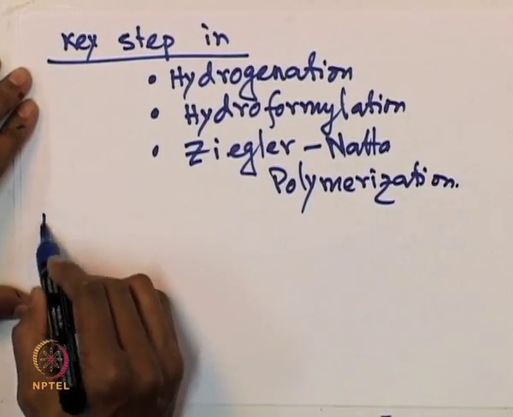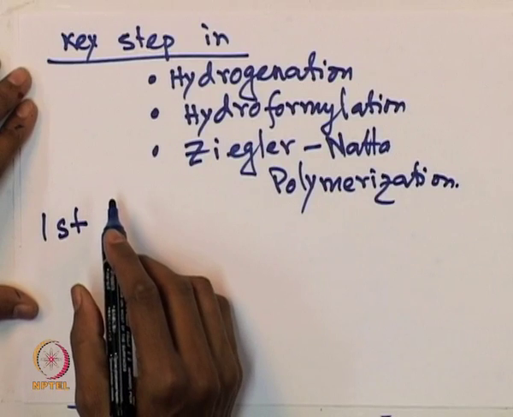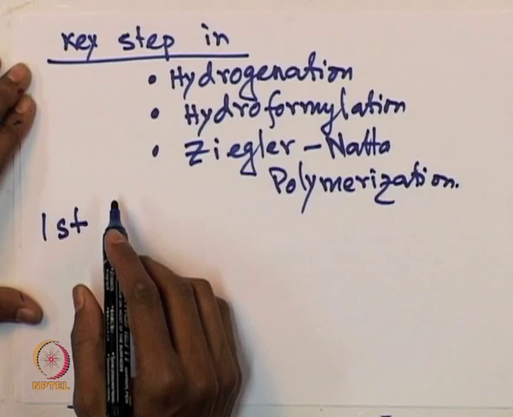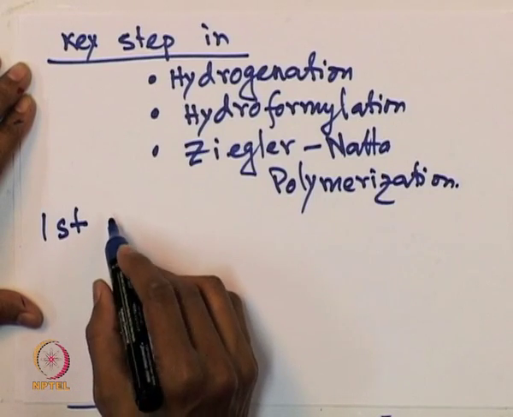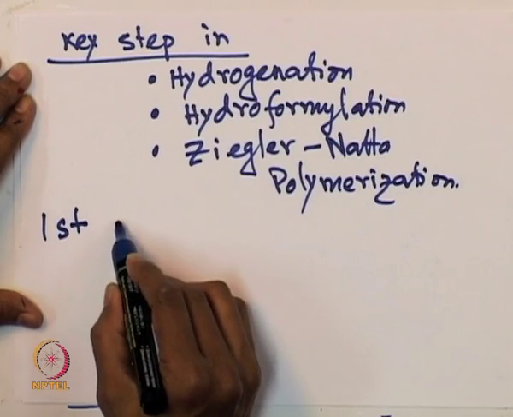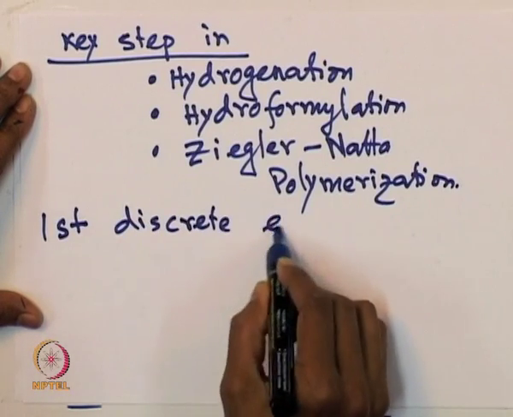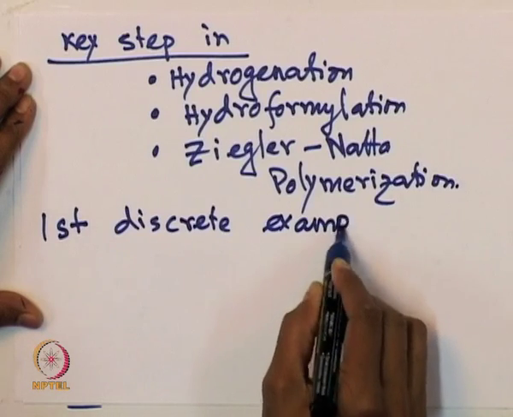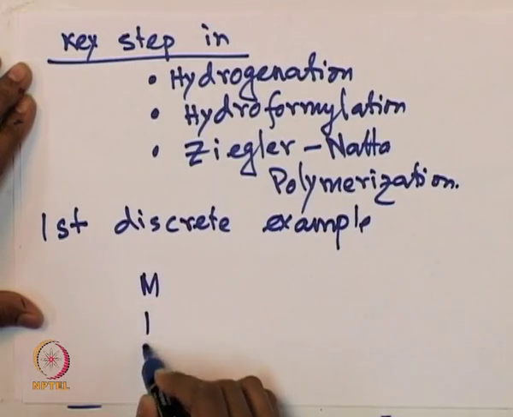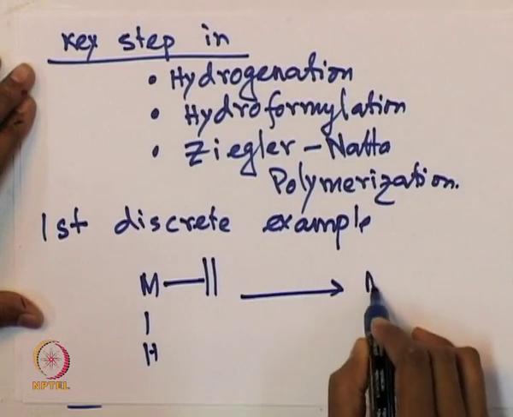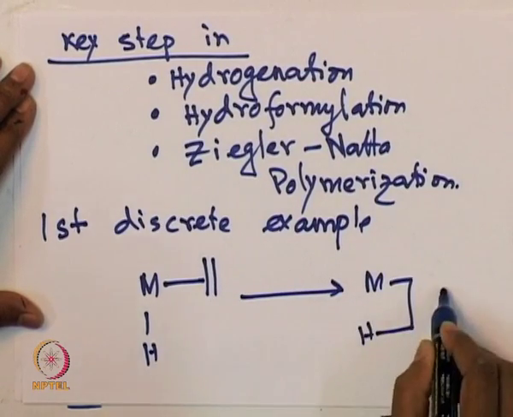Now, the first discrete example was with a platinum complex in this case, where once again the metal hydride and the olefin are coordinated to give you this metal alkyl intermediate.